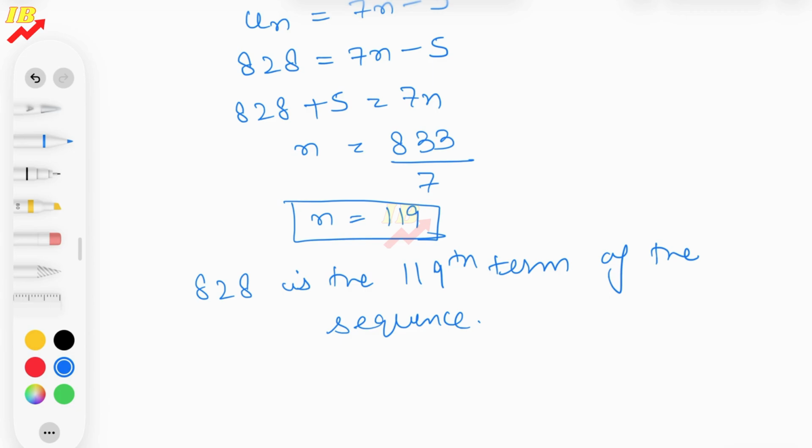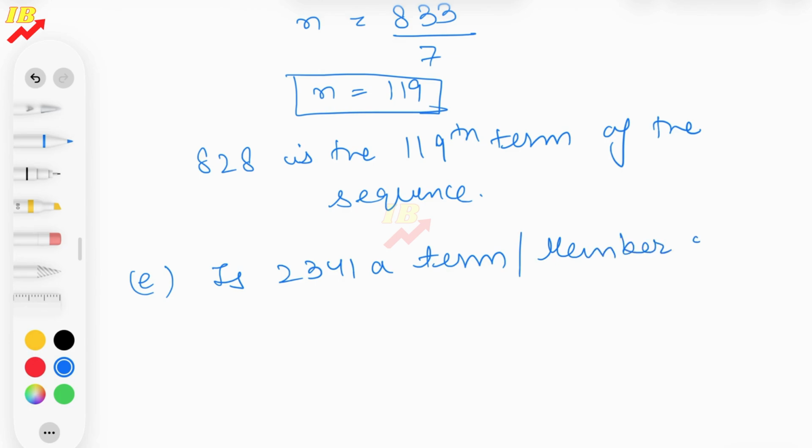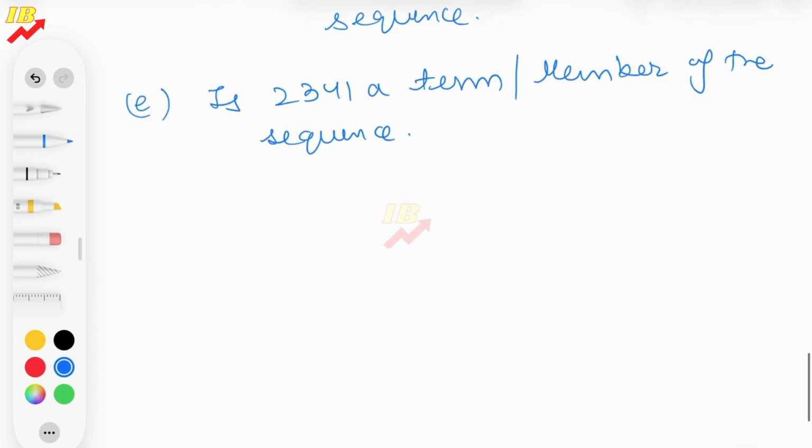Let's take one more question for a better picture again. Is 2341 a term, or we can say a member, of the sequence? Now, if I want to solve it again, I'll use the same formula.